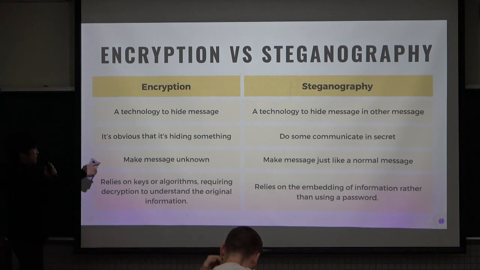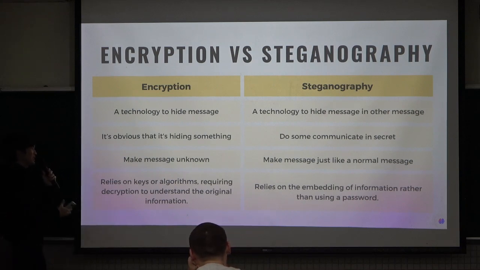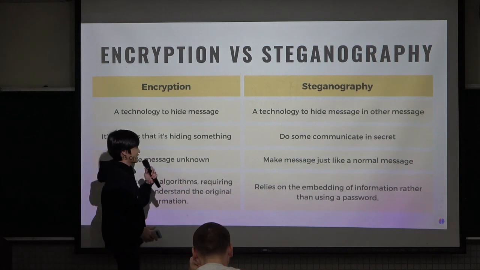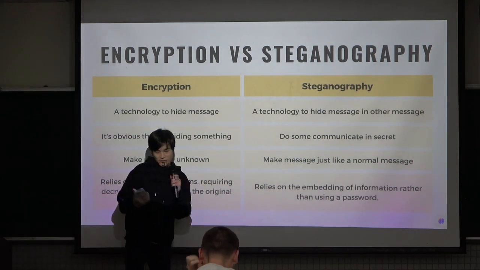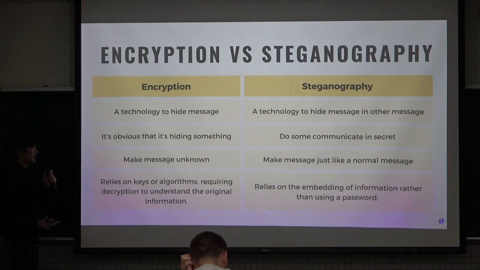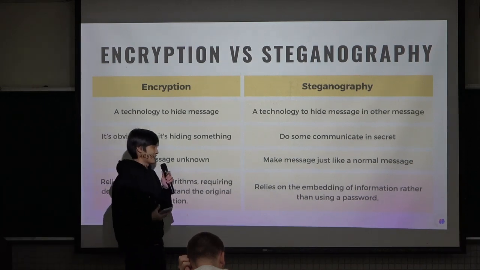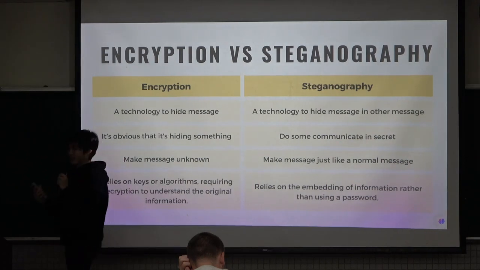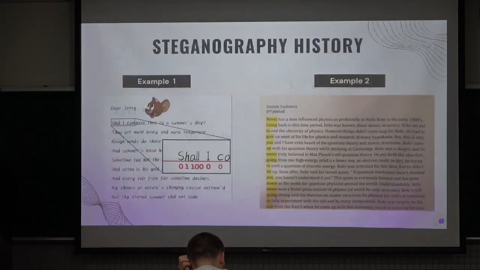So encryption makes the message unknown, but steganography fakes the message into a normal message, so no one will know. So encryption relies on the key, while steganography relies on the embedding way so that we don't want anyone to know.